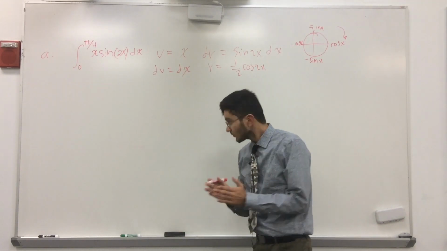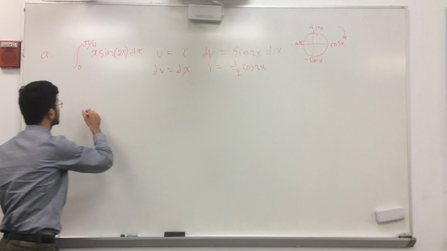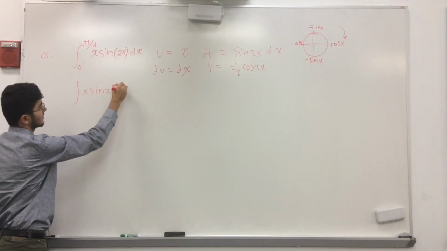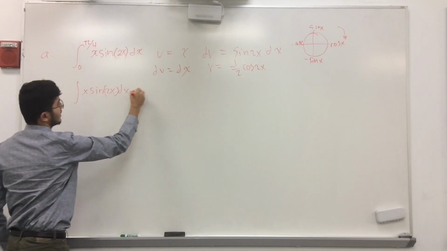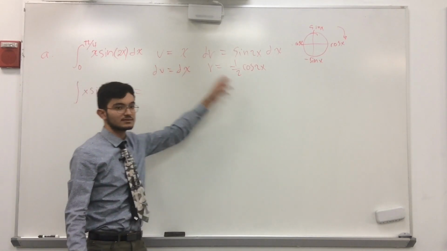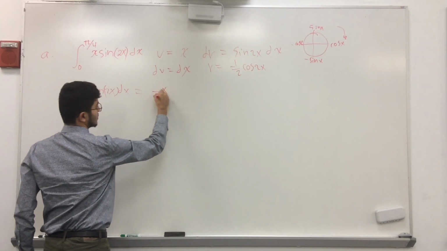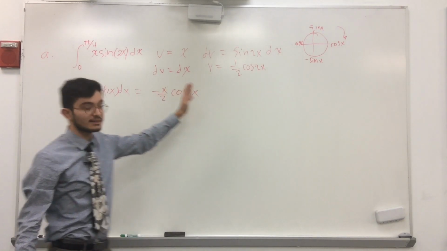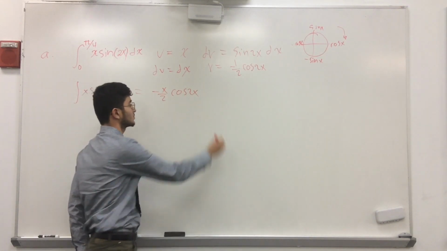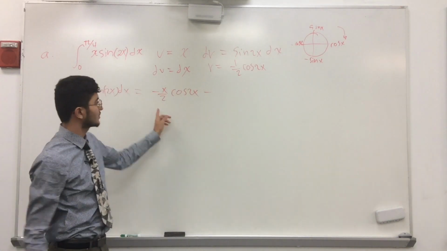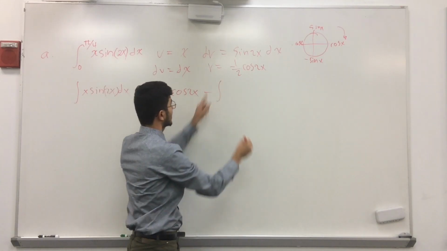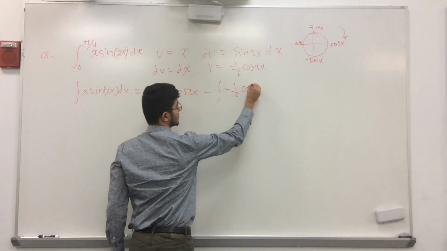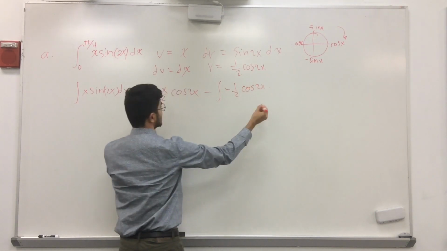So the indefinite integral of x sine of 2x dx is equal to u times v, which is negative x over 2 cosine of 2x, and then we subtract the integral of v du. So we put minus, and then we integrate v times du, which is negative 1/2 cosine of 2x times dx.